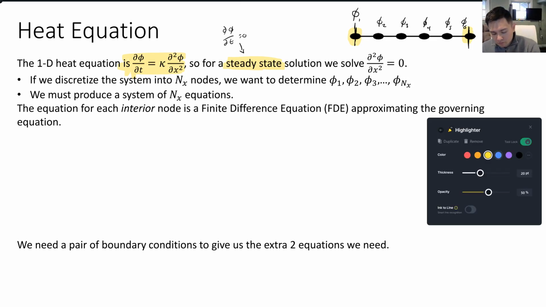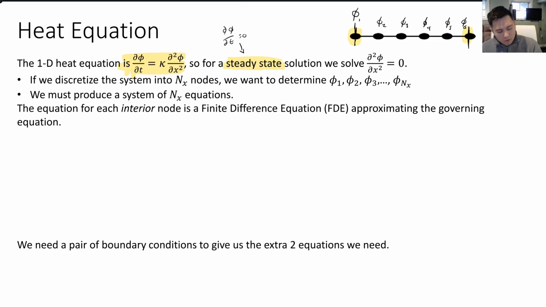So how do we determine what those equations should be? Well, for each interior node, so our interior nodes are nodes 2, 3, 4, and 5, we will use what's called a finite difference equation, which is an approximation of the governing equation itself using a finite difference substitution. So for the heat equation, if our governing equation is d squared phi dx squared is equal to 0, we have a number of different approximations that we can make for this second derivative.